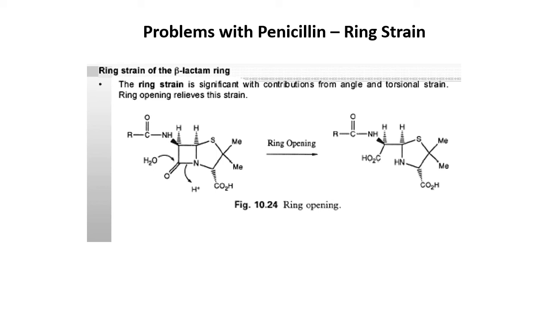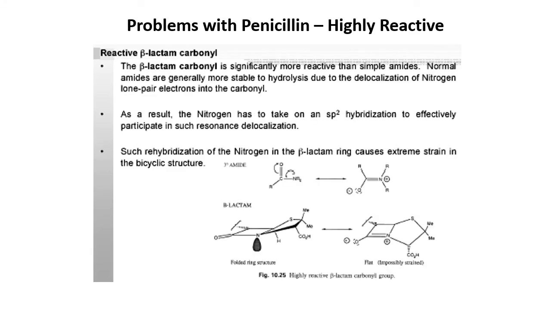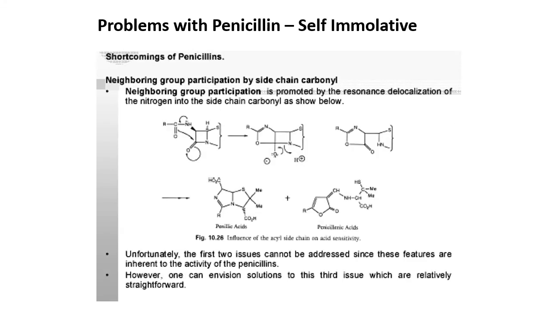We'll see examples of both in a minute. So it's highly reactive. There's not a lot we can do about the beta-lactam. That is just how it is. But we may be able to play around with making the system less acid labile and less prone to self-immolation.